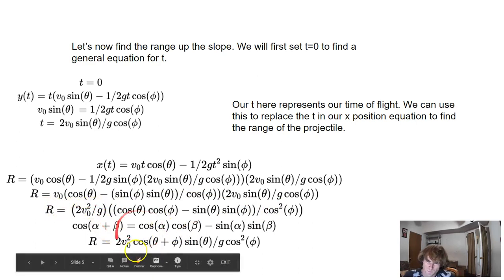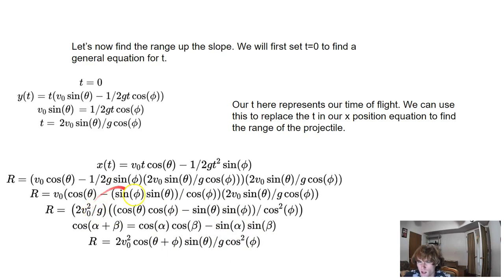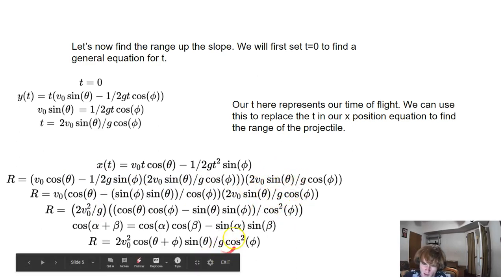Putting that into our equation, we'll have our range equation, which is 2 times the initial velocity squared, so we bring out 2 v terms right here, times the cosine of theta plus phi, that's our trig identity, over our g term, because this one kept its g in the equation.